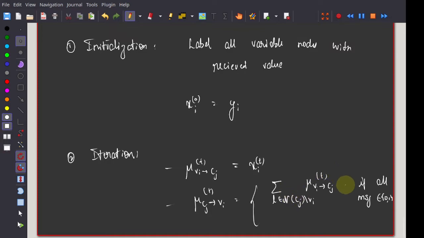So if all of them are non-erasures, then I'm going to send the XOR of all of those. Otherwise, I'm going to send an erasure.